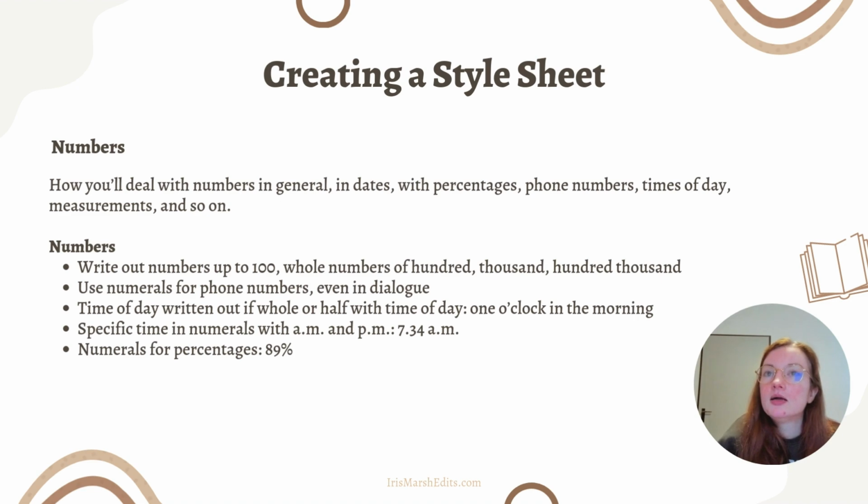Time of day is written out if whole or half with time of day, so 1 o'clock in the morning. But a specific time in numerals with AM and PM, so here 7:34 AM, and numerals for percentages, so 9%. And again, these are just examples, they're not rules you have to follow.